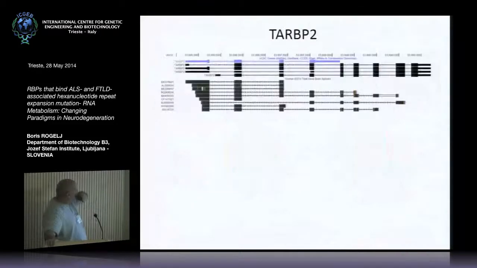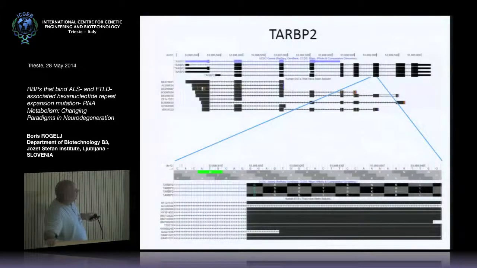And we looked at that, and this is the region in TARBP2 where that is spliced out. So this is exon 7 that could be differentially spliced. And if you see some of the ESTs, there is actually an occurrence of a 4-nucleotide change in the splicing. So basically, there's an additional splice site within the exon, and this region is relatively G-rich.